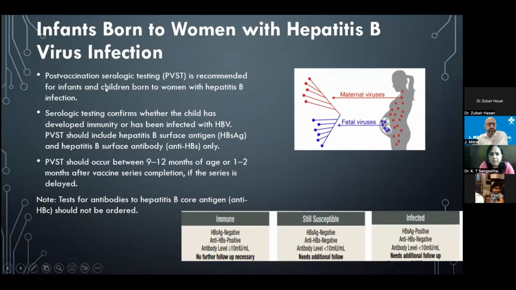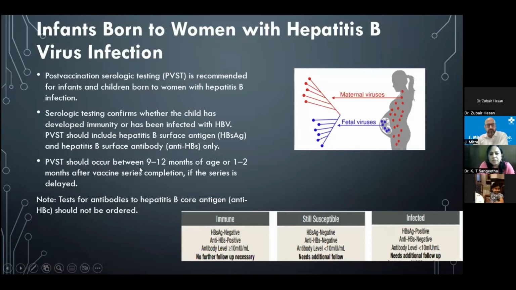It is recommended for infants and children who are born to hepatitis B infected mothers. The serological testing confirms whether the child has developed immunity or has been infected with the virus. This testing should include hepatitis B surface antigen and also anti-HBs antibody. Usually anti-HBc is not recommended.